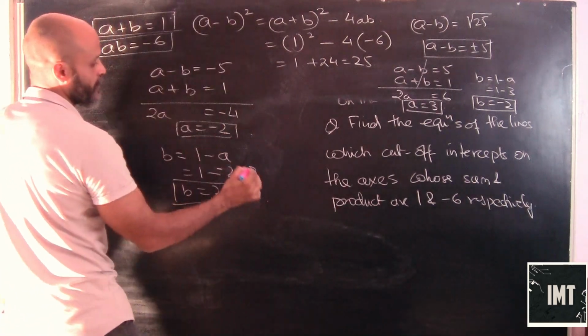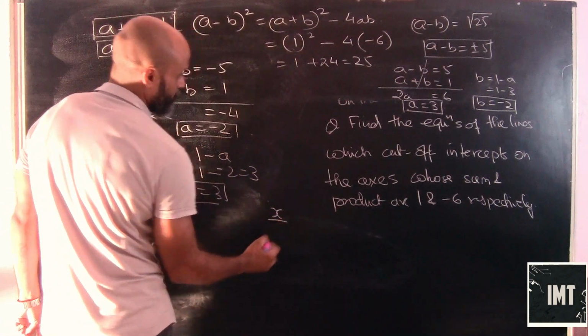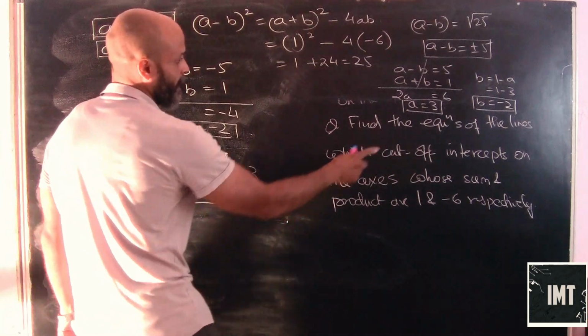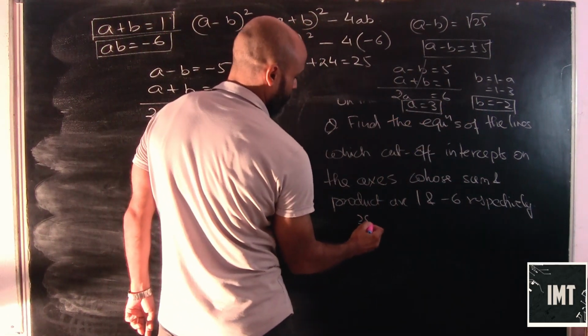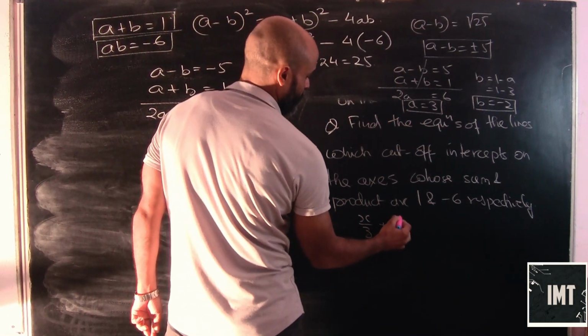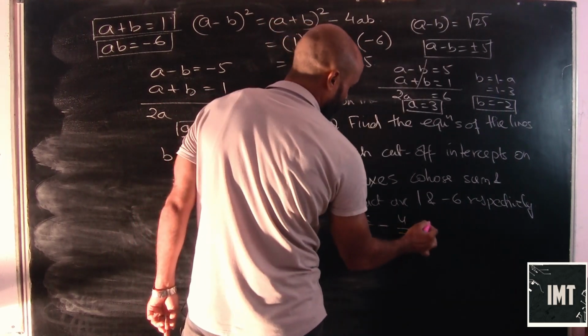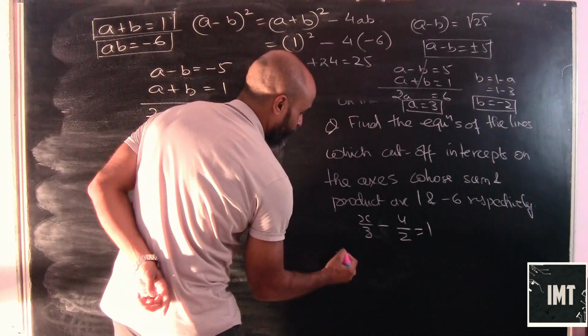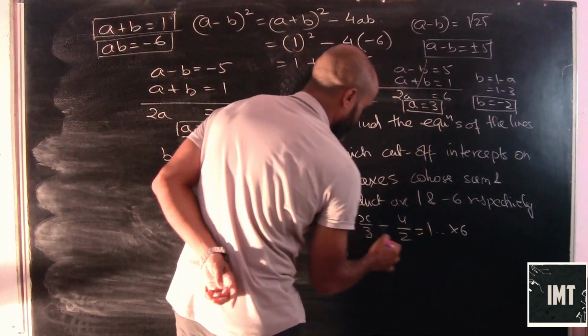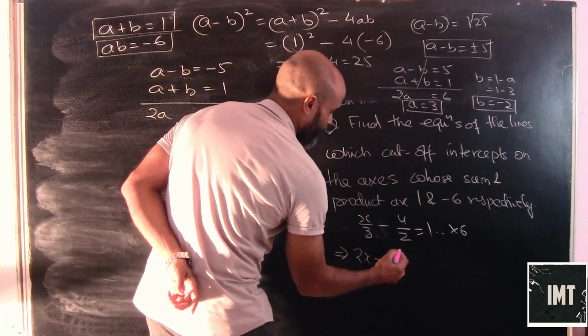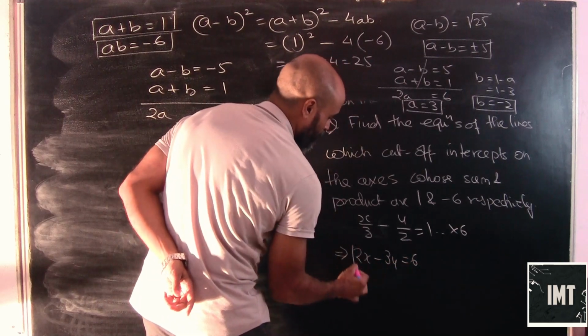In this case, the equation of the line will be x. Okay, so here we have one set as x by 3 plus y by minus 2 is equal to 1, which we can write as, if we multiply this by 6, 2x minus 3y is equal to 6.